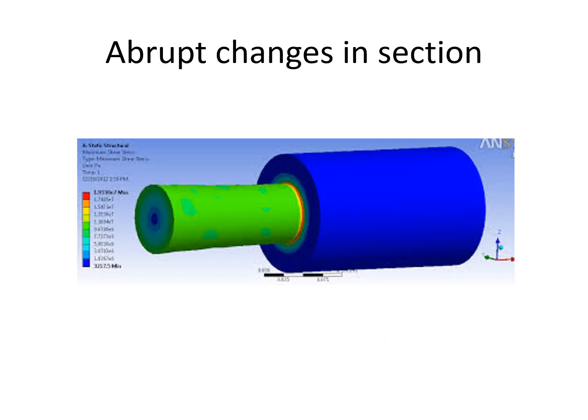And in most of the cases, our component will not have the same cross section throughout its length. There may be changes in cross section. These changes in cross section cause stress concentration.